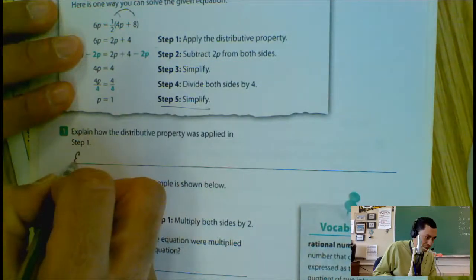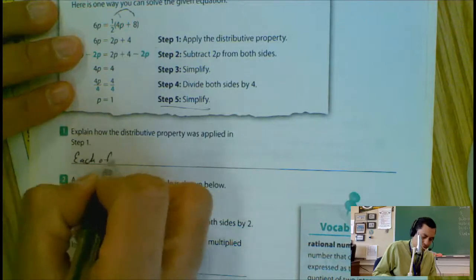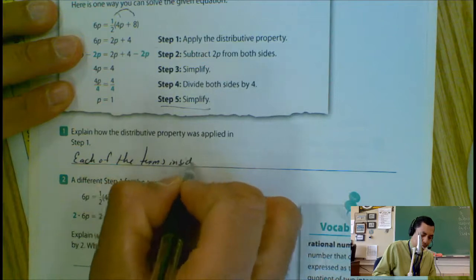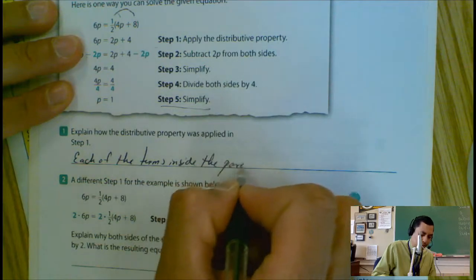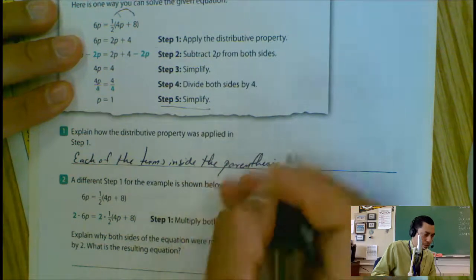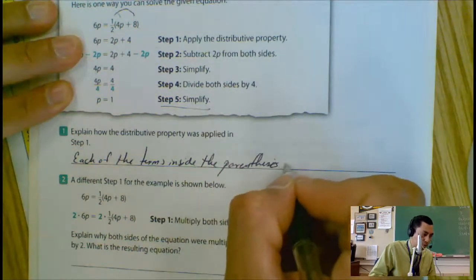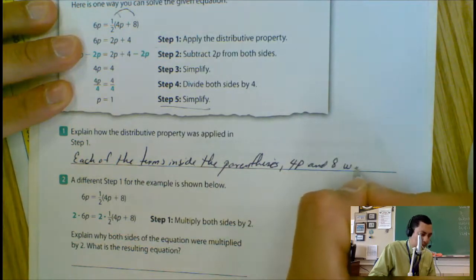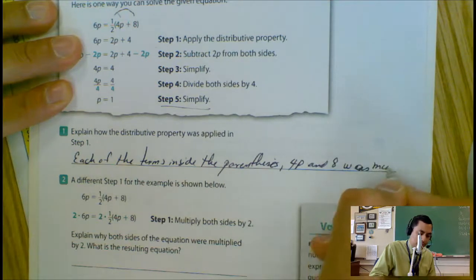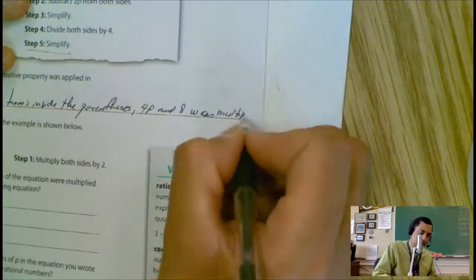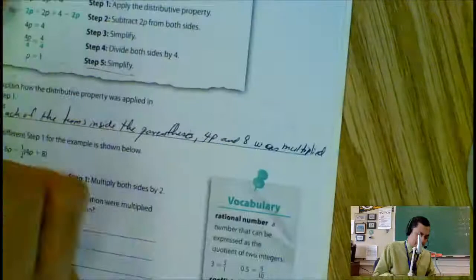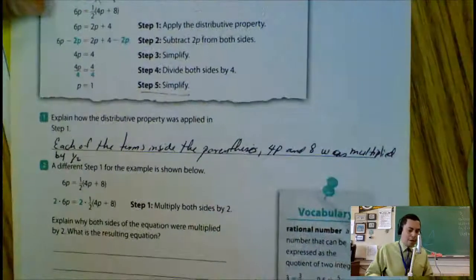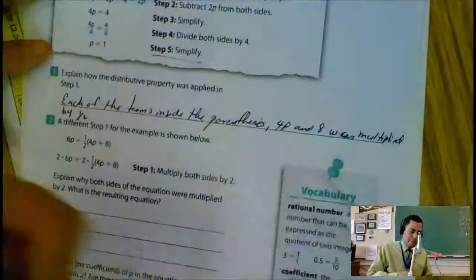So in this case, each of the terms inside the parentheses, 4p and 8, was multiplied by 1/2. So that's the answer for problem number 1. Those terms were multiplied by 1/2, applying the distributive property.